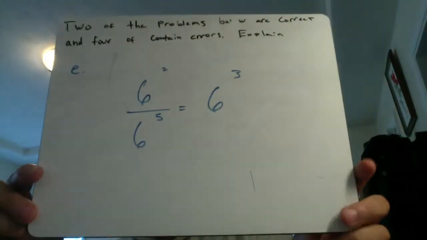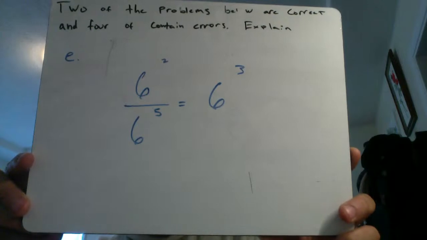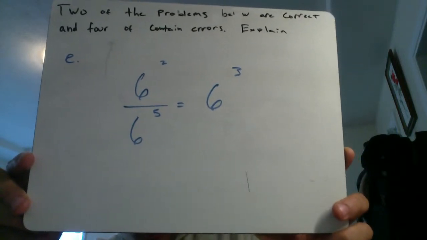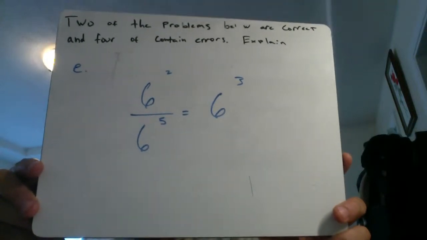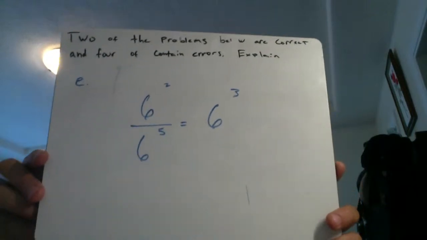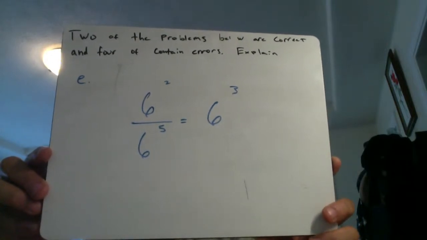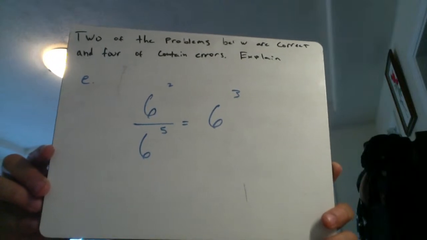Ms. Chong, you get it. Now we have 6 to the 2nd power over 6 to the 5th power. Is this a valid statement? Why or why not? So 6 to the 2nd over 6 to the 5th equal to 6 to the 3rd.